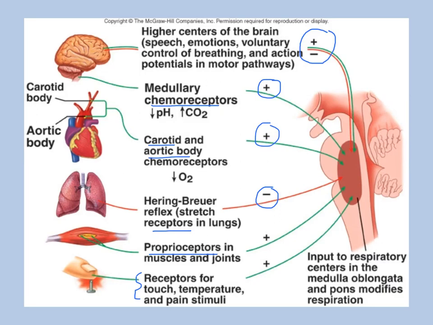That you're experiencing pain especially might bring up your breathing rate. So all of these different things go into your pons and medulla in your brainstem, and then the response goes out down your motor neurons to change your breathing rate, to go down the phrenic nerve to your intercostal muscles and your diaphragm to change how often you're taking a breath.